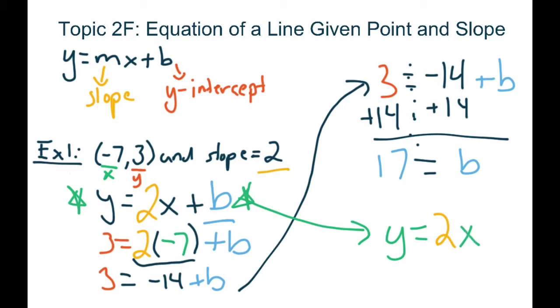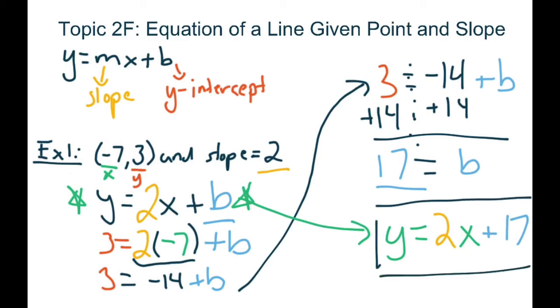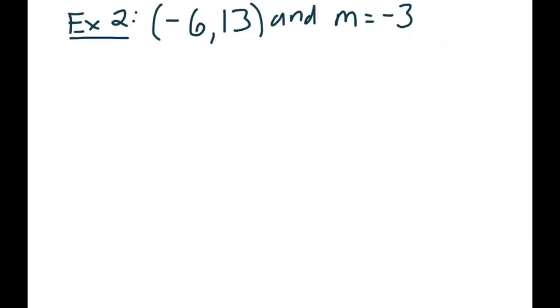So we have plus 17, because that's what we solved for as our y-intercept. And that is our equation for this line with the slope of 2 going through the point -7, 3. That's the equation of the line going through the point -7, 3 with a positive slope of 2.